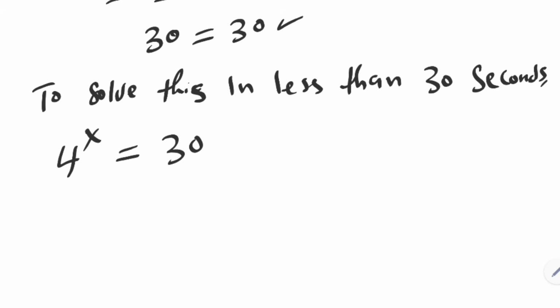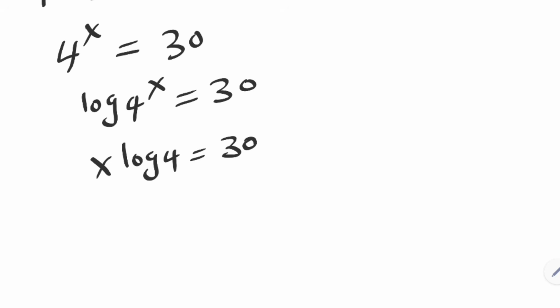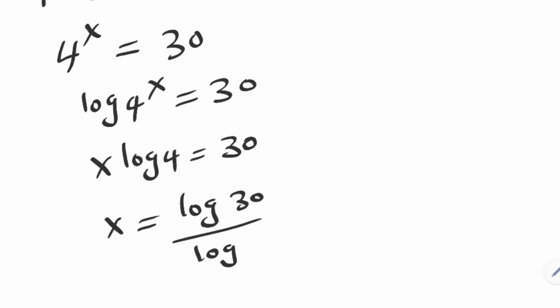If you take the log on both sides of this equation, we have log 4 raised to power x is equal to log 30. This is x log 4 is equal to log 30. Then x is equal to log 30 over log 4.